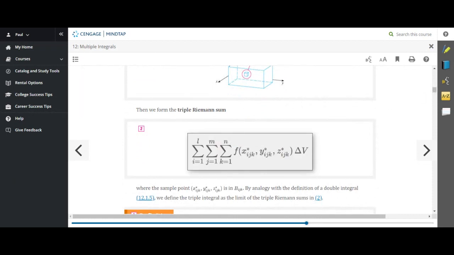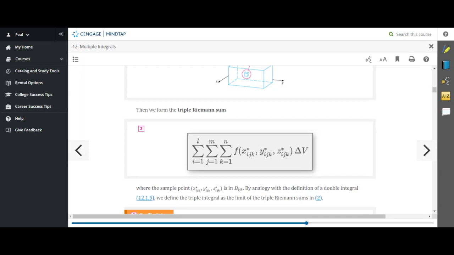So you see, the function now is not of 2 variables. It's a function of 3 variables, x, y, and z. So as we vary x, y, and z, we move around different points in a solid, and compute the function at those points, and then we multiply by the piece of volume at where that point is. That is a triple Riemann sum.